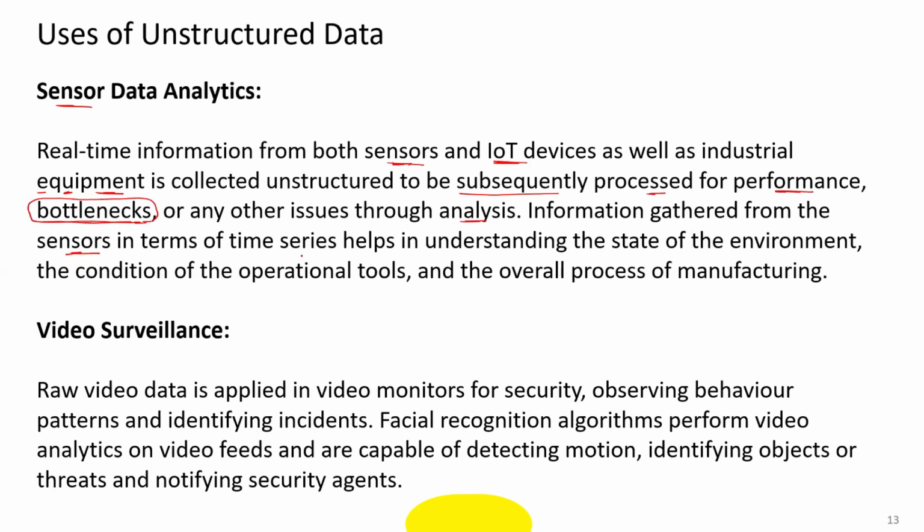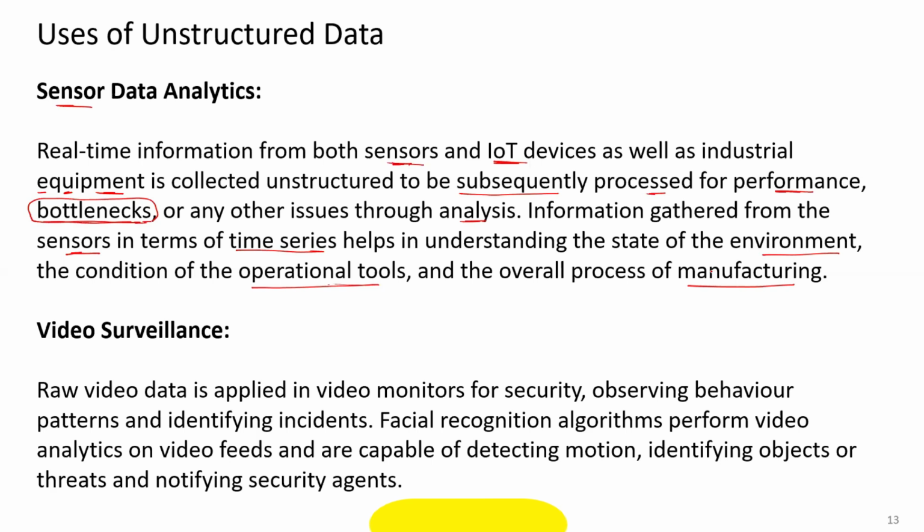Information gathered from the sensors in terms of time series helps in understanding the state of the environment, the condition of operational tools, and the overall manufacturing process. In manufacturing, we use many sensors which produce data, and these are really important because they may indicate our efficiency, how the equipment in the plant works together, and how efficient our production procedure is.